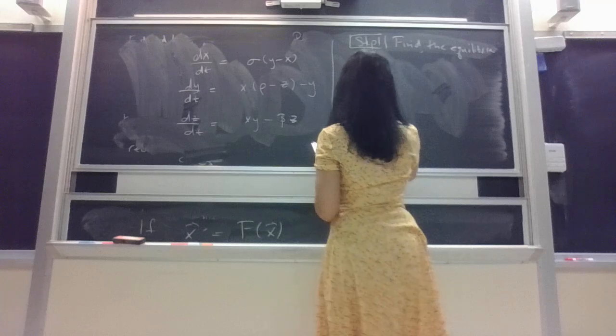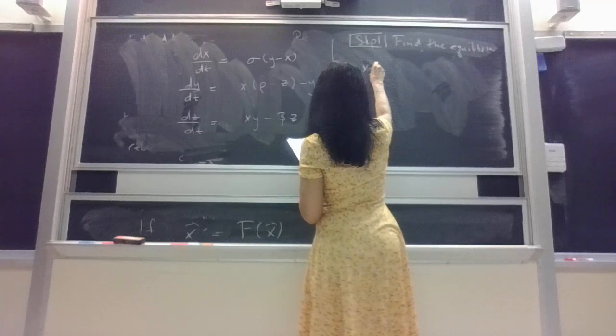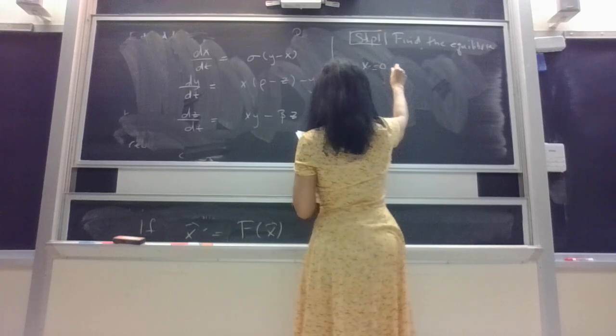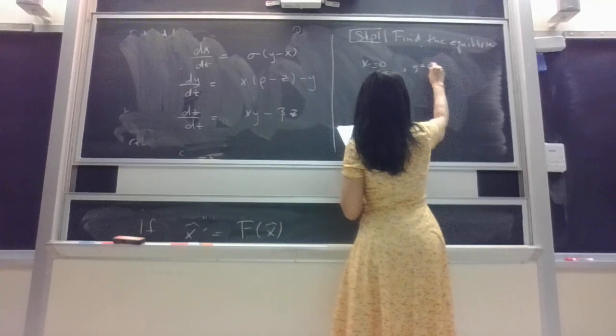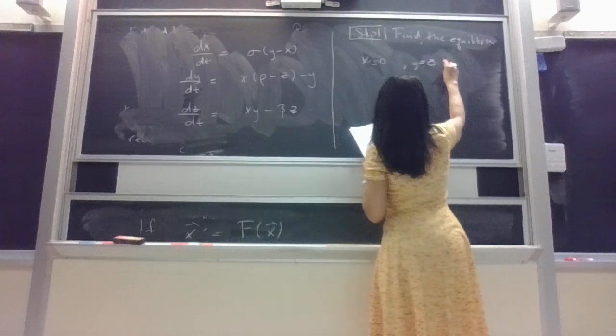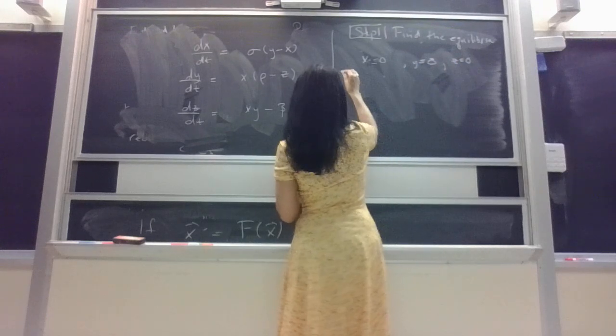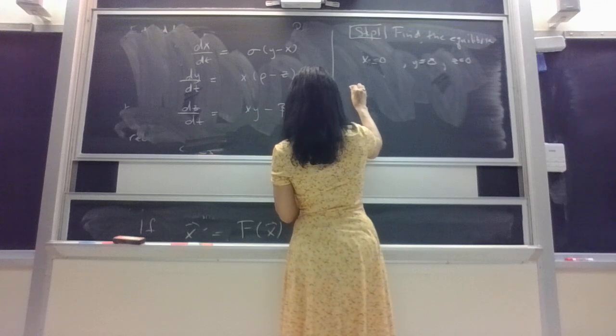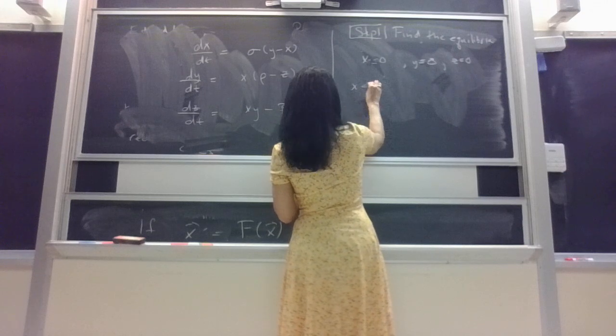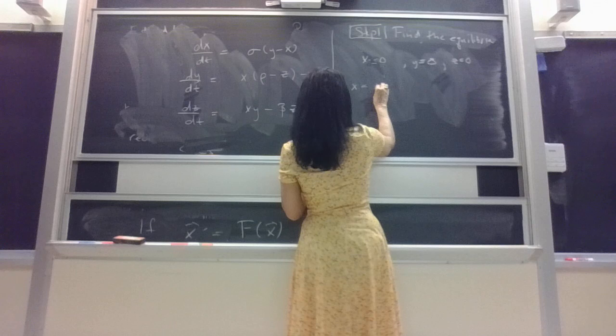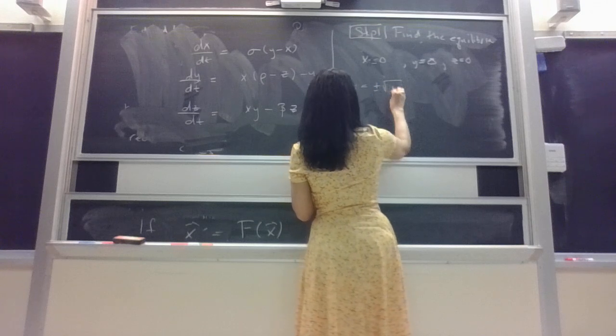You have x equals 0, y equals 0, z equals 0. And then Mathematica gave me another one. But I think these are plus and minus, so it only gave me one.